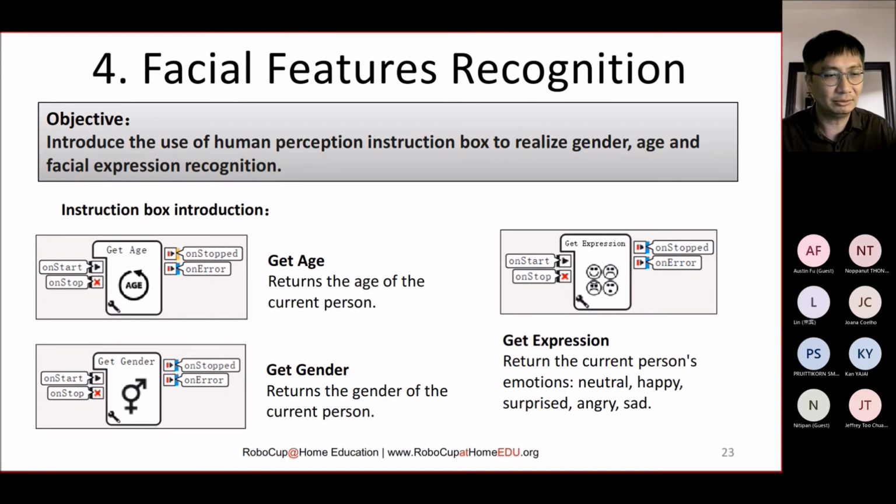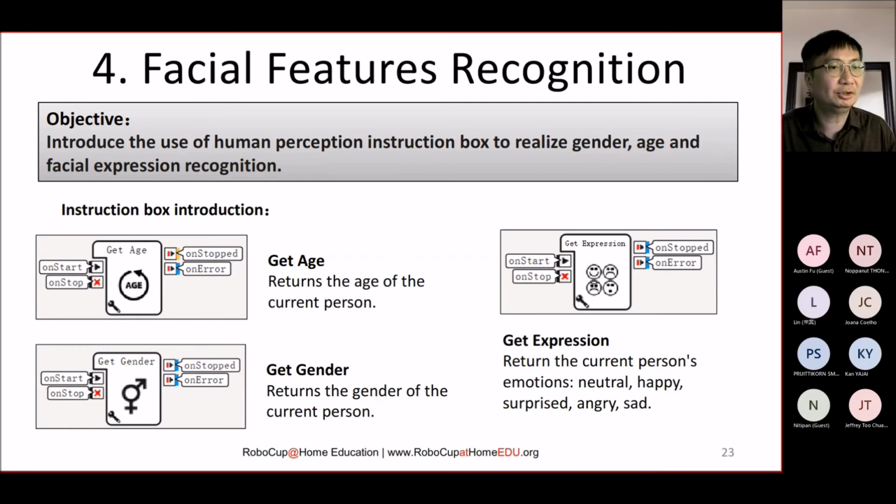It will return the age of the person in front. Okay, and this is an estimation. Of course, it's not perfectly accurate, but based on our testing, it's accurate enough, and you can use it for some estimation or to help in your conversation.